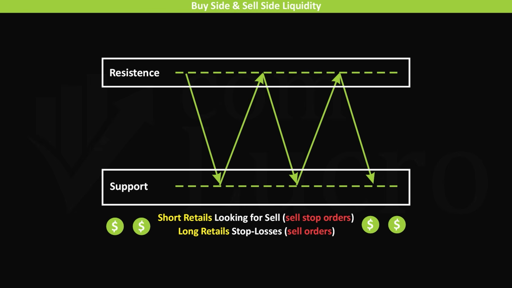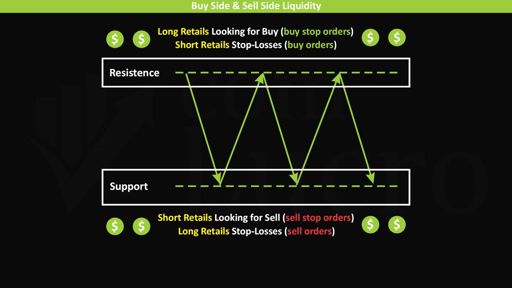On the opposite side, when price approaches an upper boundary or a perceived resistance area, many retail traders look to sell, placing their stop losses above it. At the same time, buy stop orders begin to accumulate from traders expecting a breakout. This creates another concentration of orders above the structure, with multiple types of positions clustered in the same area.